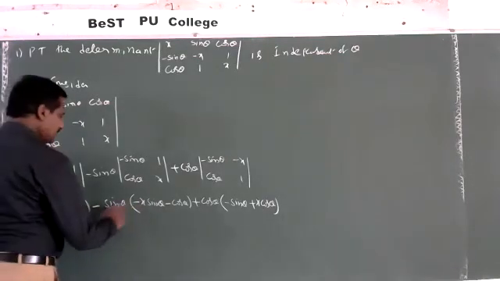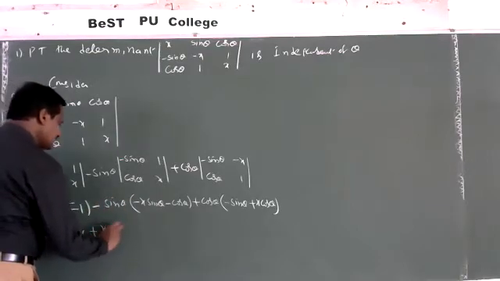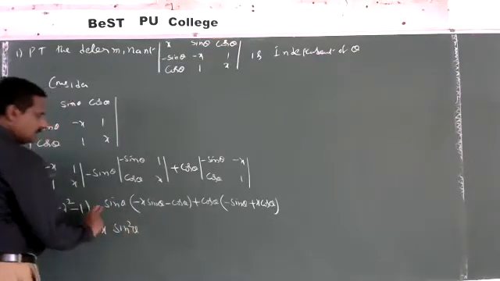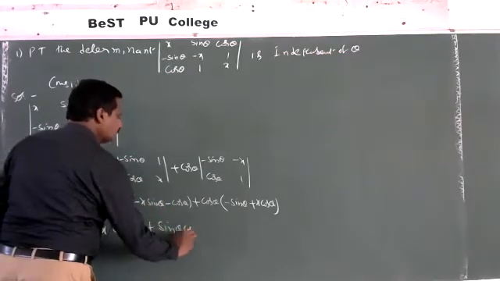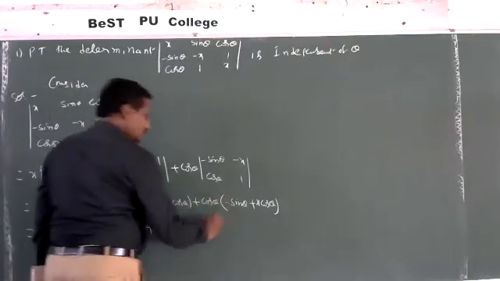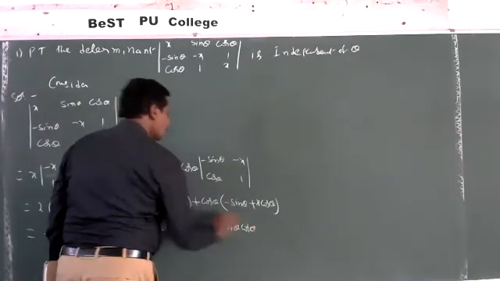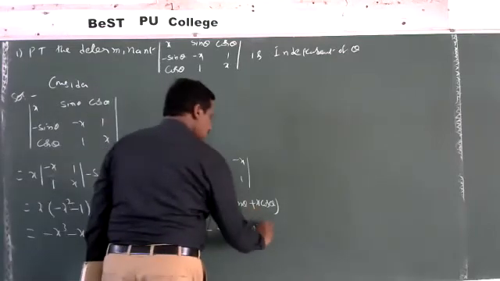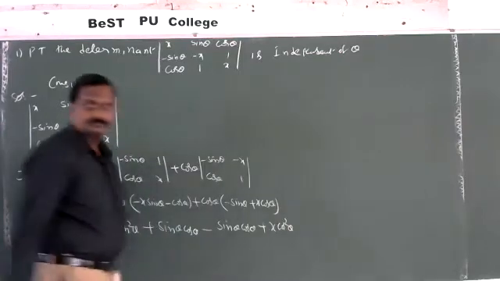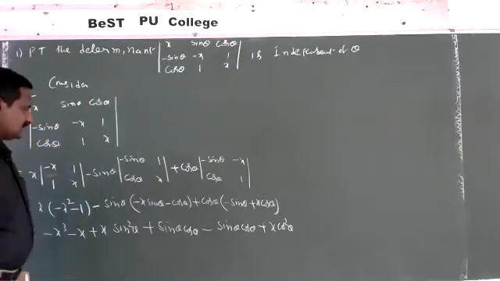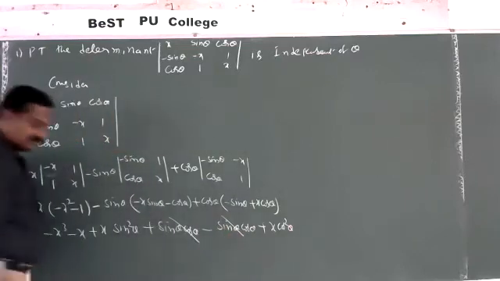Here, minus into minus gives plus x sin square theta. Here, minus into minus plus sin theta cos theta. Here, plus into minus, minus sin theta cos theta. Here, cos theta into x cos theta, x cos square theta. See that sin theta cos theta minus sin theta cos theta get cancelled.